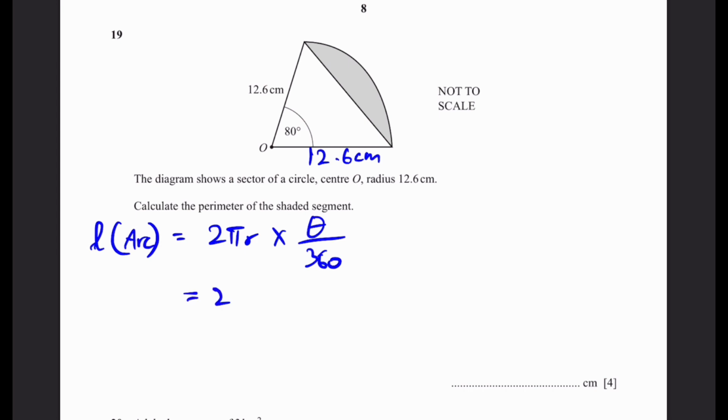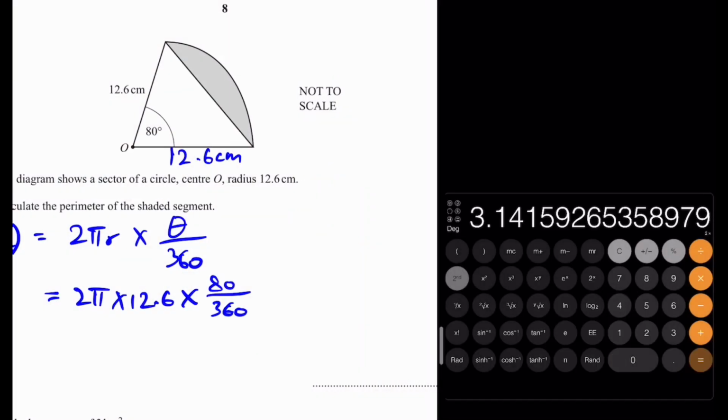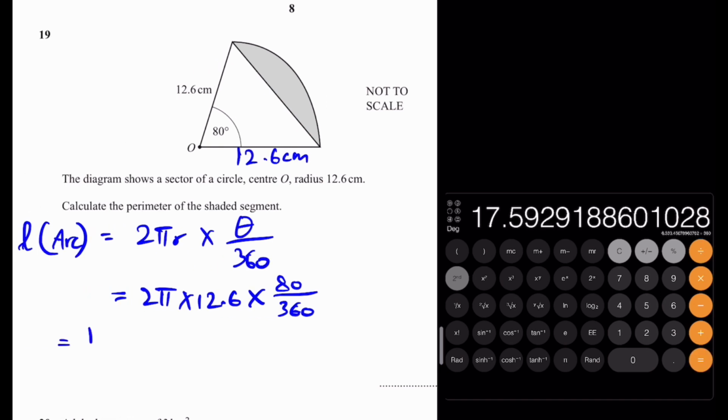That's equal to 2 pi into 12.6 into 80 by 360. So that will be equal to, let's get our calculator out. Here we go. 2 into pi into 12.6 into 80 divided by 360. We get 17.59 centimeters. The two decimal places, obviously.